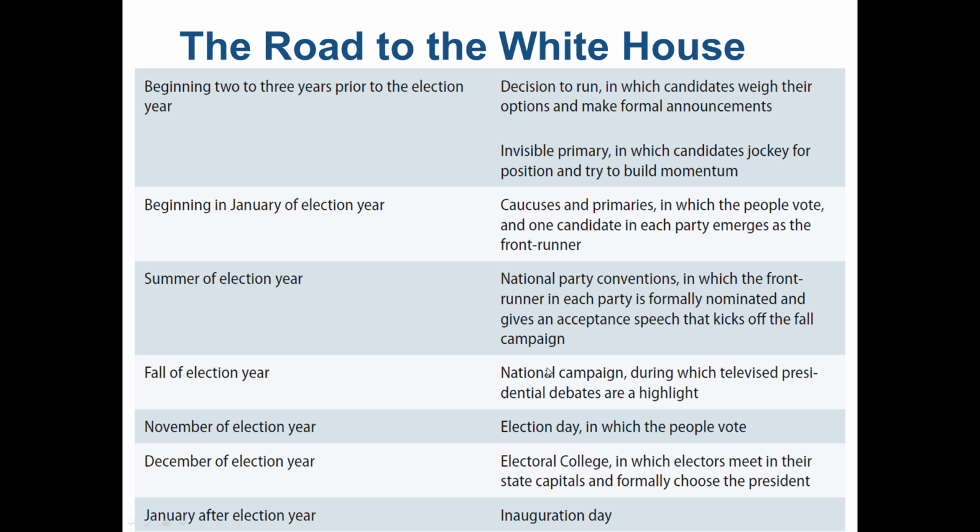You have an election campaign in the fall, an actual election day in the second Tuesday of November, actually, and then you have the Electoral College formally meeting to actually select who the president is going to be, which is the point where you actually get a president-elect. And then Inauguration Day, which, as fate has it, lands on the final day of this class, January the 20th. That's the culmination of the process.